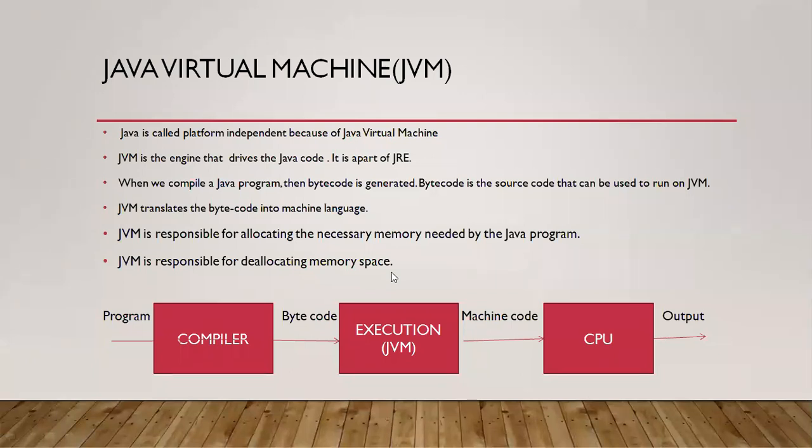The same point is repeated here: the JVM takes responsibility for allocating and deallocating memory for the object, and this total process is done automatically.